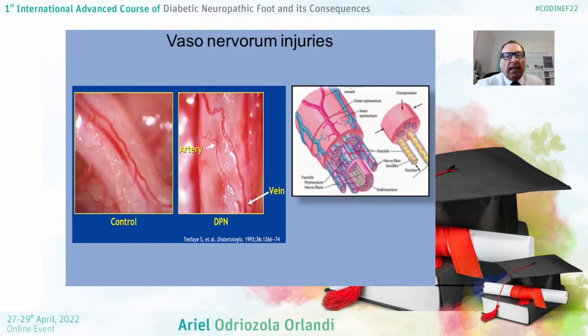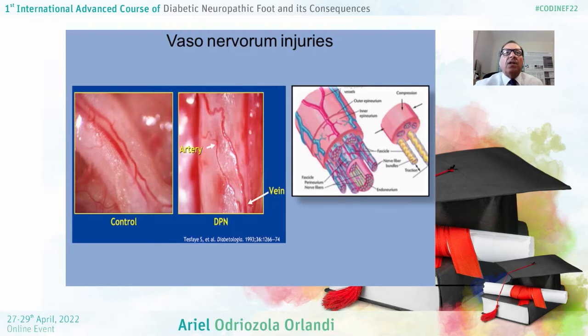But look at the right, the artery is very thin, and the vein is very rough. On the other side, the image shows the nerves inside of the fascicle, which have a lot of these kinds of vessels that have injuries.